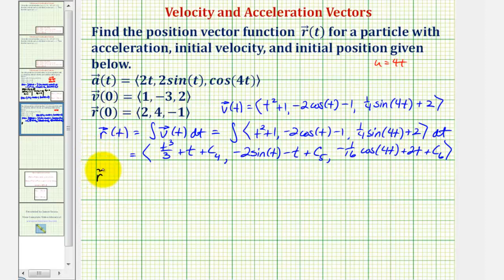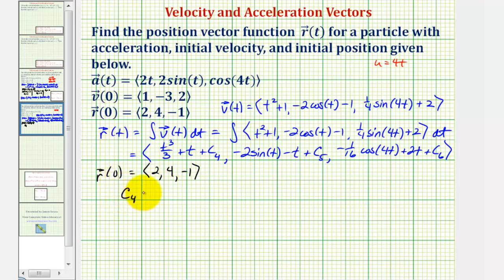Again, we know that r of 0 has an x component of 2, a y component of 4, and a z component of negative 1. So we'll substitute t equals 0 into each component to determine our constants. So if we substitute t equals 0 into the x component, we'd have 0 plus c sub 4, which must equal 2.